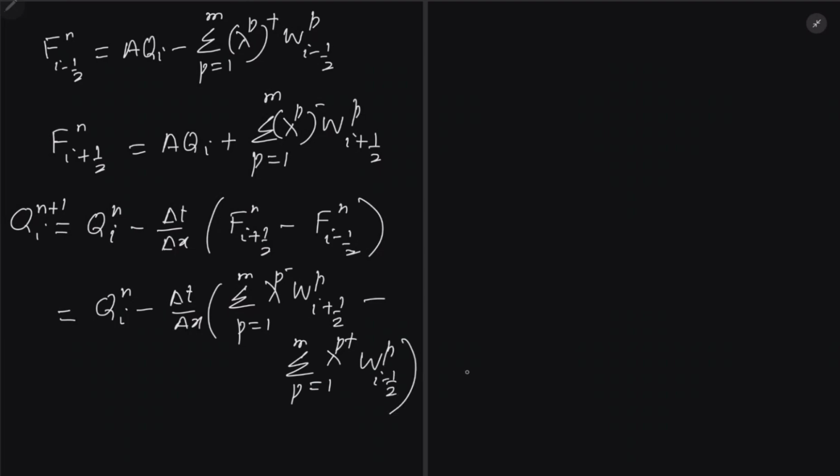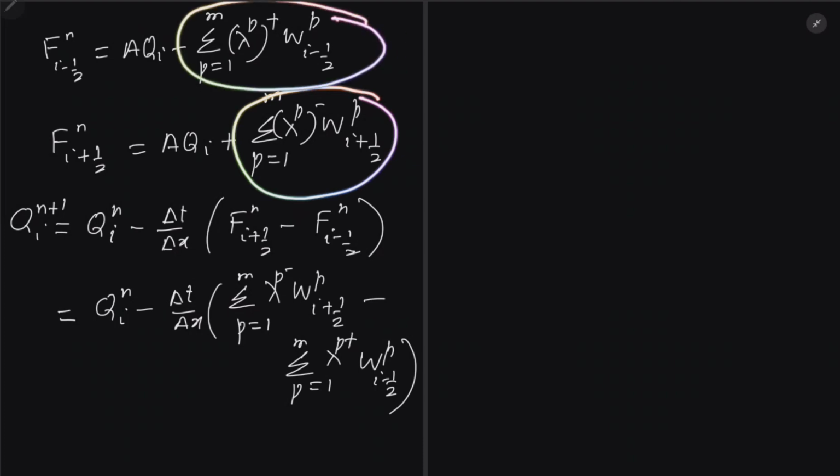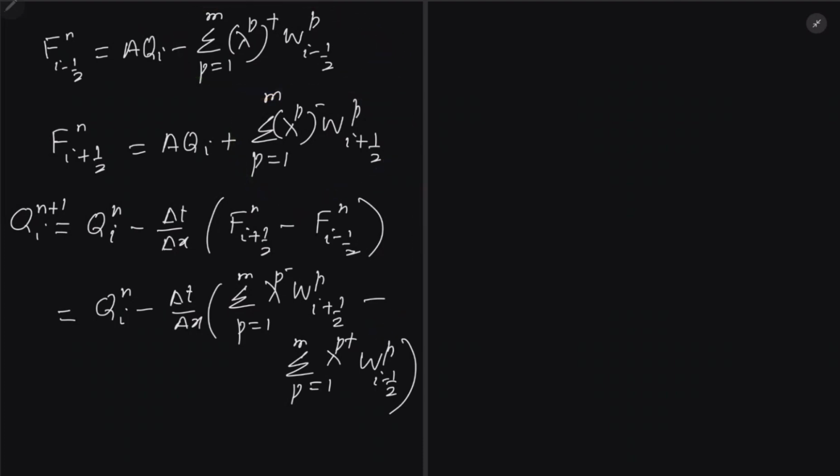That's how we write the fluxes. You can see that the A q_i terms will be cancelled out. If we add this A q_i over here, that A q_i and this A q_i will cancel out. That's why the only surviving terms are this right hand side term and this term over here.